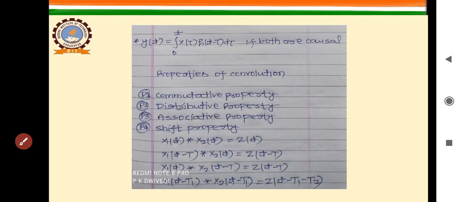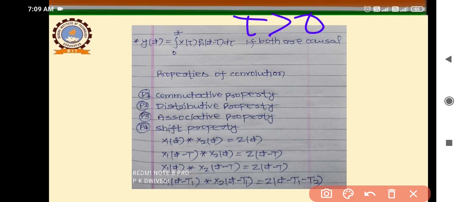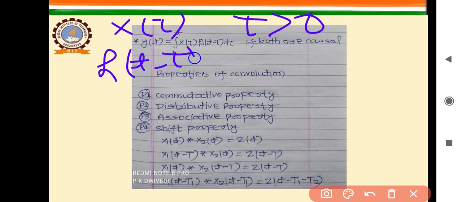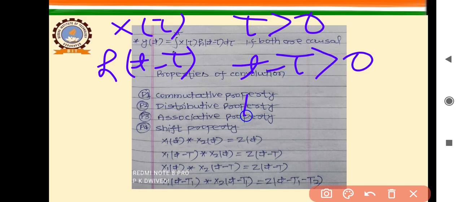Next, here if x of tau and h(t) both are causal, then tau will be greater than 0 because x(tau) is a causal signal. Also h of t minus tau is also a causal signal. It implies that t minus tau will be greater than 0, which indicates that tau will be less than t.